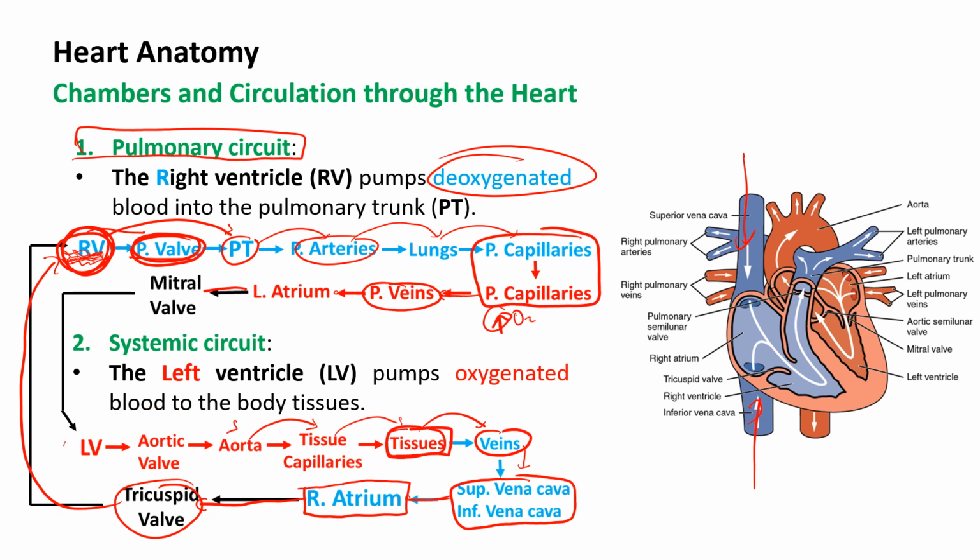Because the systemic circuit is larger, of course, the left ventricle needs to reach more pressure and more force. That's the reason why the muscle in the left ventricle is thicker, because, as we mentioned before, it requires more pressure to pump and make that blood flow so you can reach all the tissues in your body.